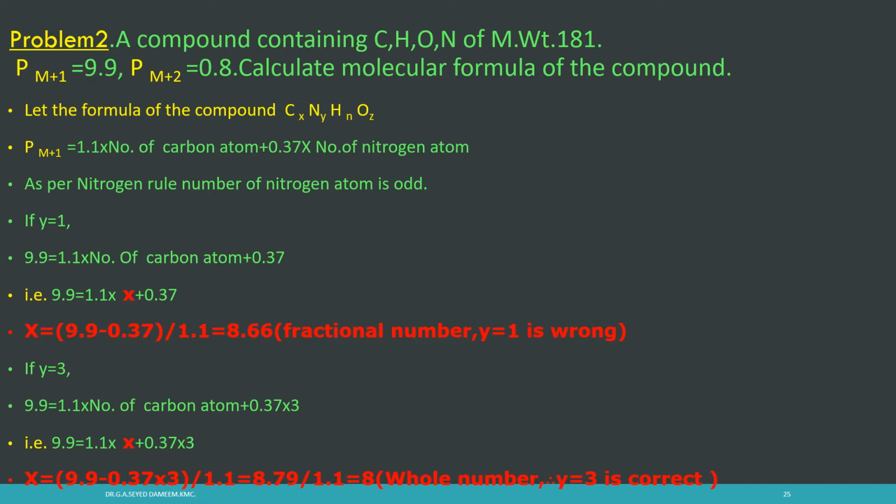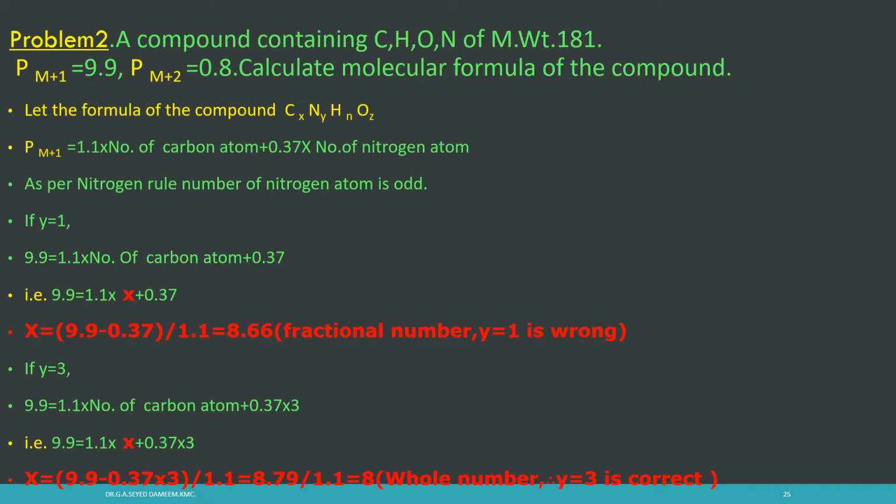So we have the theoretical formula, M plus 1 is equal to 1.1 times the number of carbon atoms plus 0.37 times the number of nitrogen atoms. By substituting the value of intensity M plus 1, we can determine the number of carbon atoms and the number of nitrogen atoms.